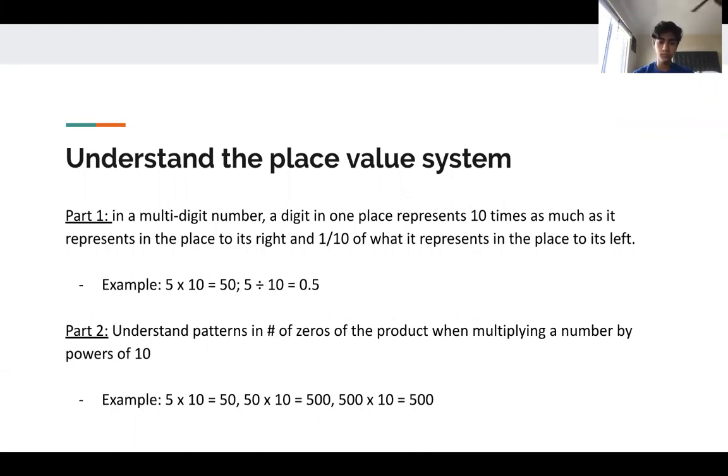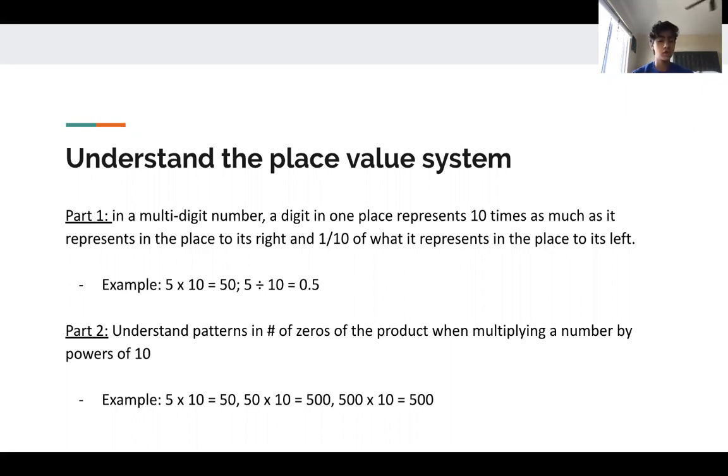Now, the second part of this is understanding patterns in the number of zeros of the product when you multiply a number by a power of 10. So simply, when you take the number 5 and multiply by 10, you get 50, and 50 has one more zero than 5. Now, when you take 50 and multiply it by 10, you get 500, which has one more zero than 50.